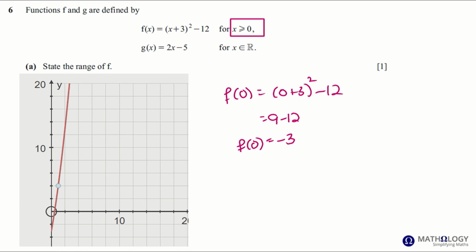So the function starts at minus 3, and the y values continue to get more and more positive as x becomes more positive. So the range of f will therefore be y greater than or equal to negative 3, or f of x greater than or equal to negative 3.